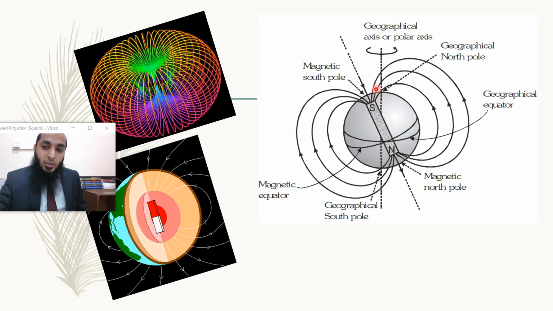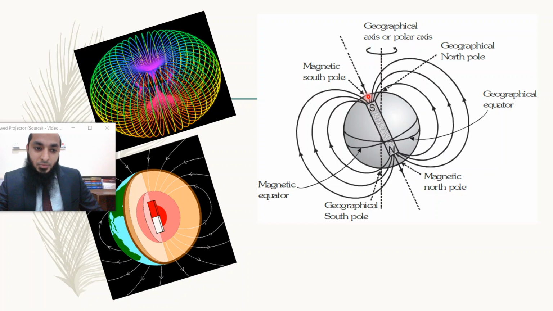So here, one definition is, this is the geographical North Pole, and this is the geographical South Pole. Can you see that? Now, but magnetic South Pole is somewhere here. So you should not get confused by this nomenclature. You see here, this is geographical North Pole, but magnetic South Pole is somewhere here.